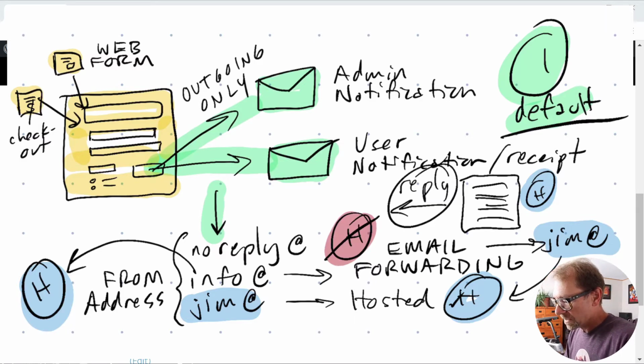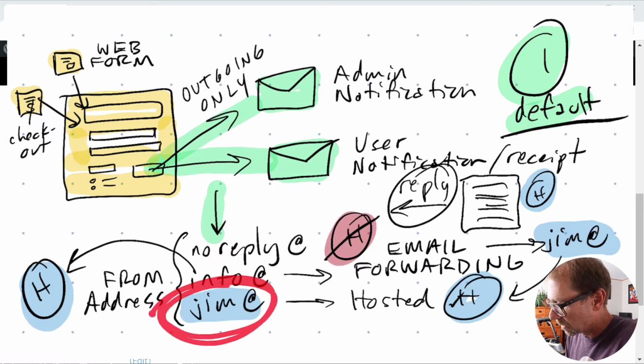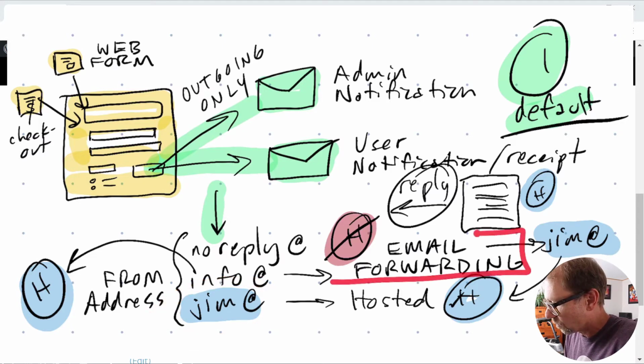Or if you don't necessarily want to receive that, and you want a human being at the business who actually has an email address to be able to receive email, but you may not want this address to be publicly known, what you can do is use a system called email forwarding.